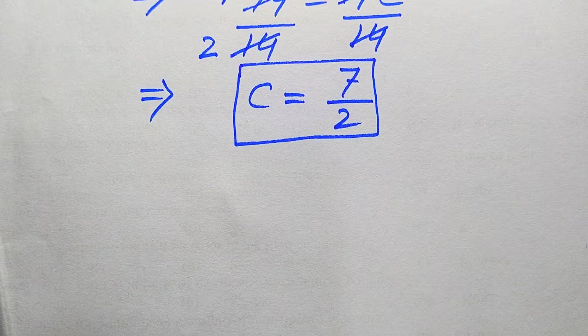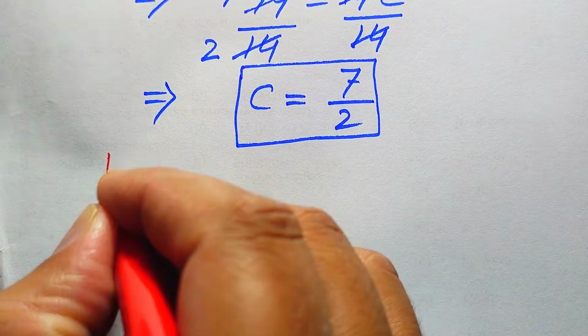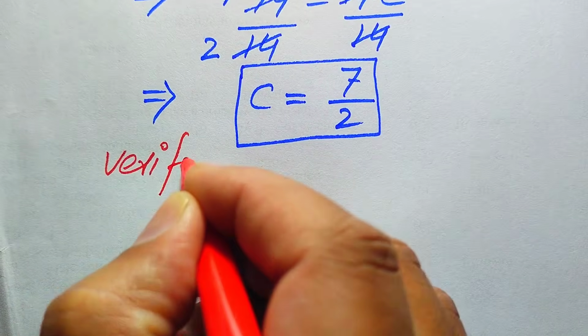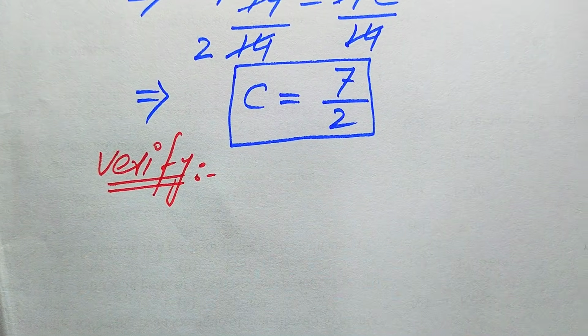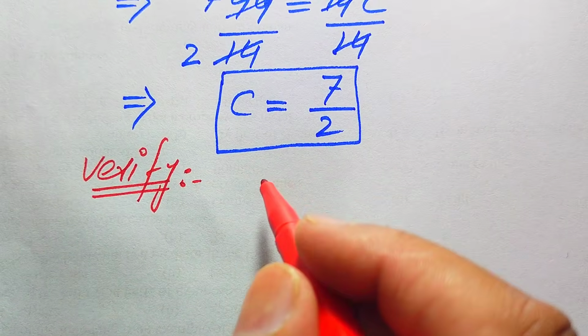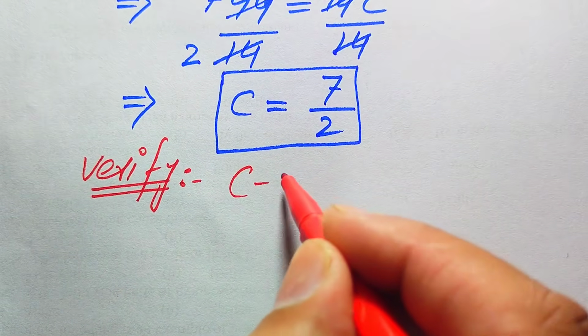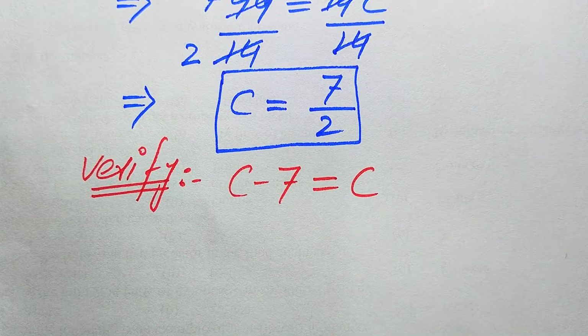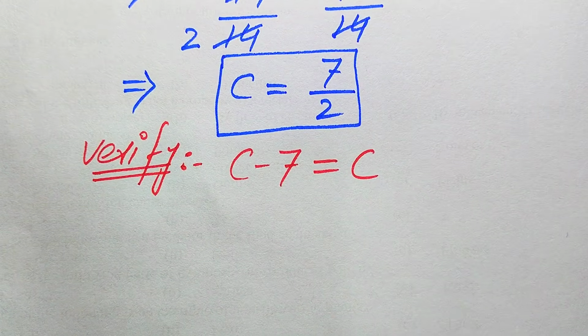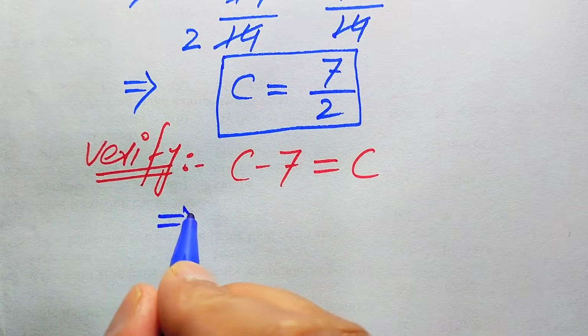Now in the next step we need to verify whether this value of c is the solution, or whether it is an extraneous root. For verification we copy down the given question statement: c minus 7 is equal to c. Here we substitute the value of c on both sides and check its behavior.